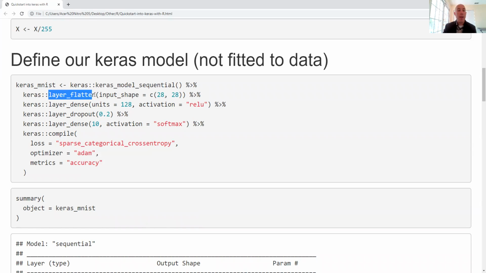Now, layer flatten takes a 28 by 28 grid and converts that to one long row of data. Each 28 by 28 grid gets converted into a row vector, then the next one, and the next, and they get stacked on top of each other, so that after I pass the data in to fit my model, I actually have a data frame.